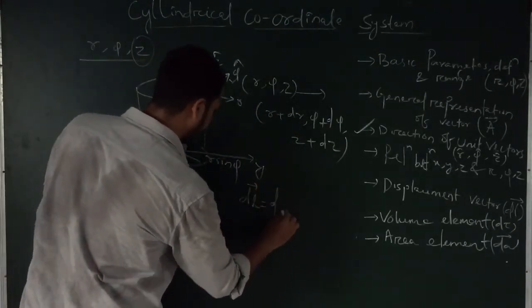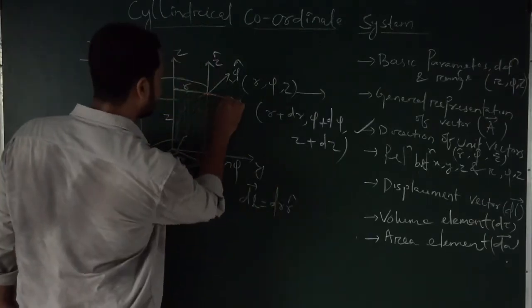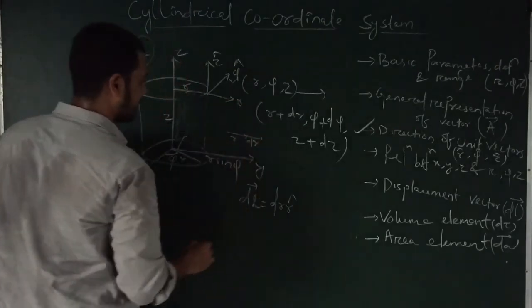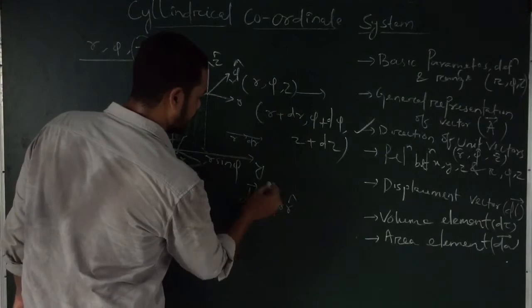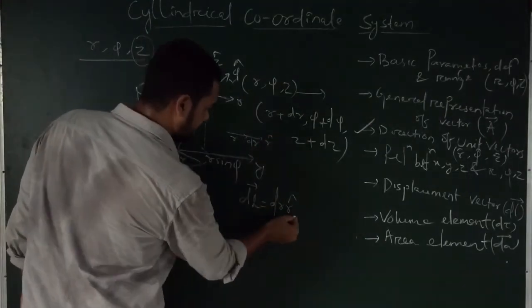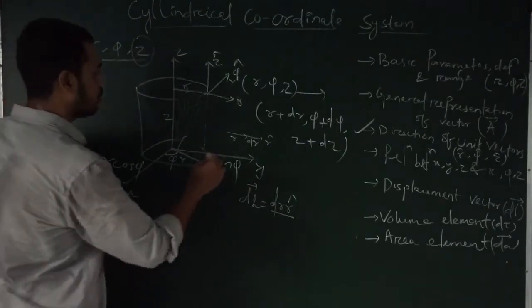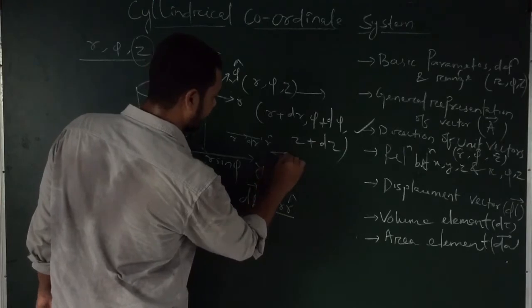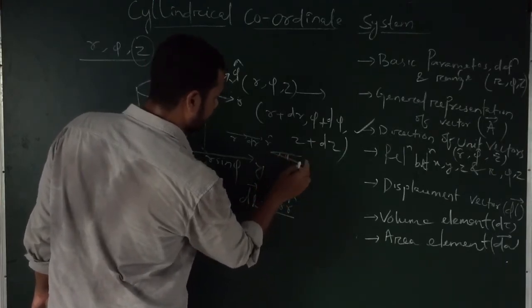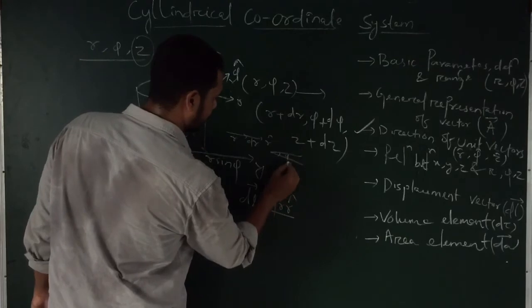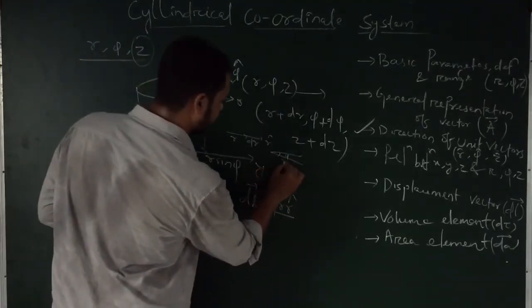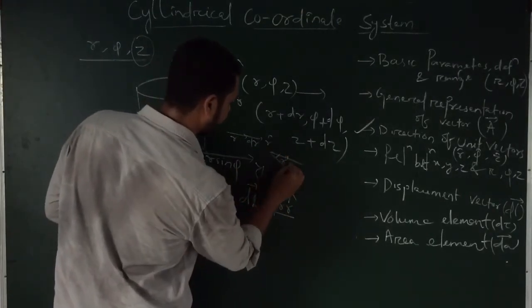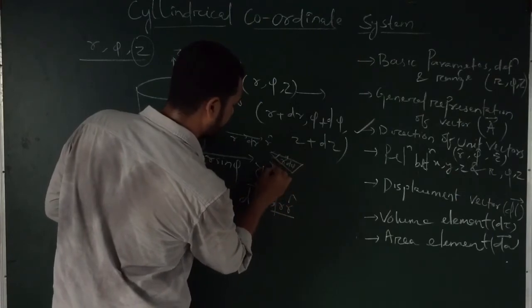As r increases in this direction, this is r and this is dr. So dl in the r cap direction will be dr r cap. So what will be in the phi cap direction? You can see r makes angle phi, or you can say d phi. So this component will be r d phi.